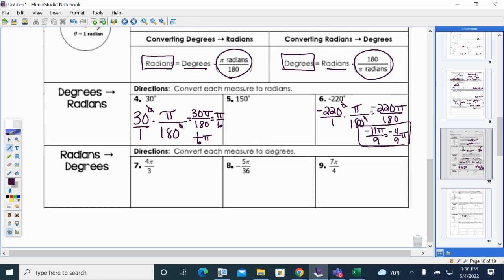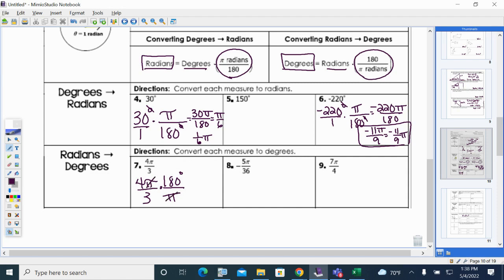So when we want to convert from radians to degrees, like in 7, 8, and 9, again, full disclosure, I do not memorize the formula. I'm going to multiply by a fraction, and I know that that pi needs to go away. So I'm going to put the pi in the bottom. I need it to be in degrees, so the 180 goes in the top.